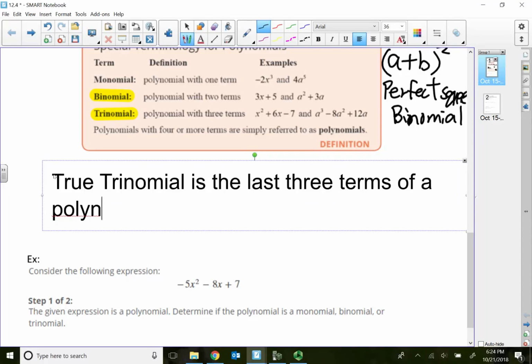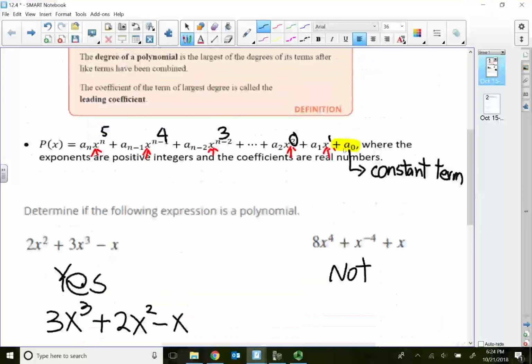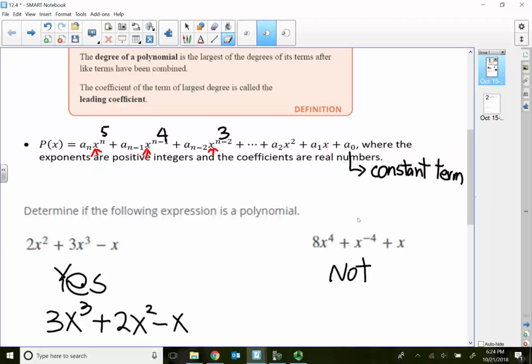What is the last 3 terms of a polynomial? If I go back up here, this is the reason why I typed this out for you. The last 3 terms of a polynomial are supposed to be x to the second power plus x to the first power plus x to the 0 power.